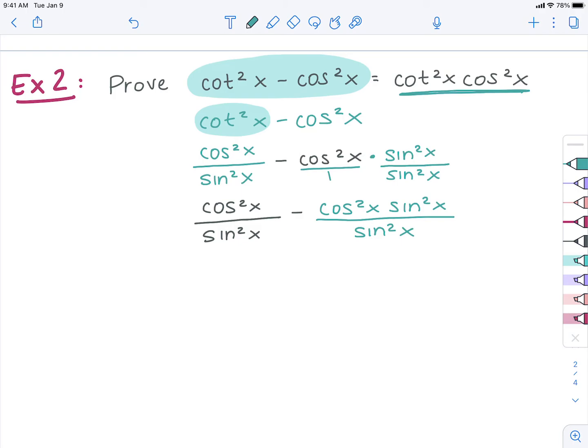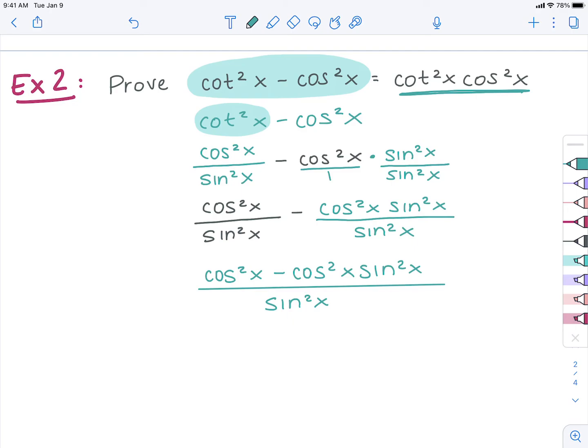Now I can actually combine these things, so I'm going to bring them together and make one big fraction, which means my numerator is just going to be cosine squared x minus cosine squared x sine squared x, all over sine squared x.